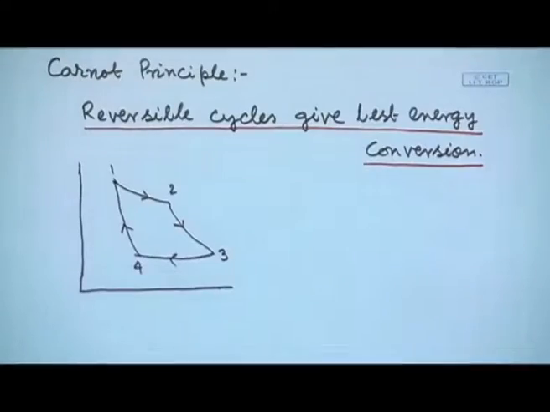Probably in the last lecture, I told that the second law gives us the concept of reversibility and irreversibility. So, this is your concept of reversibility. If all the processes are made reversible, then the cycle is a reversible cycle, and Carnot postulated that a reversible cycle will have the best performance as far as energy conversion is concerned.